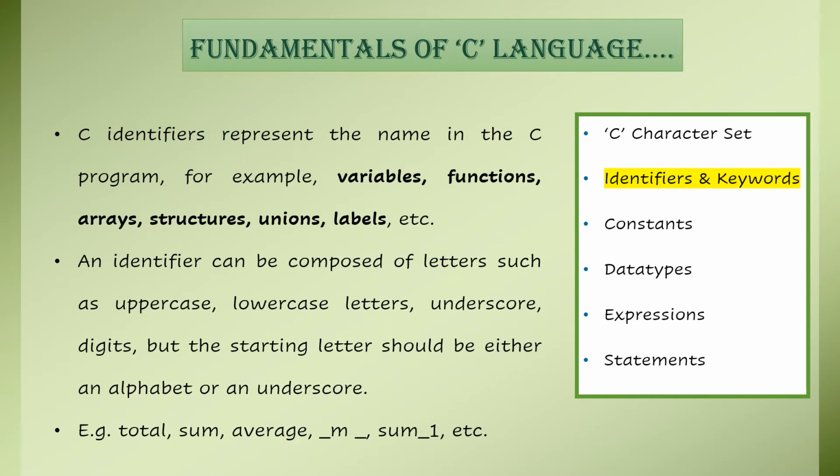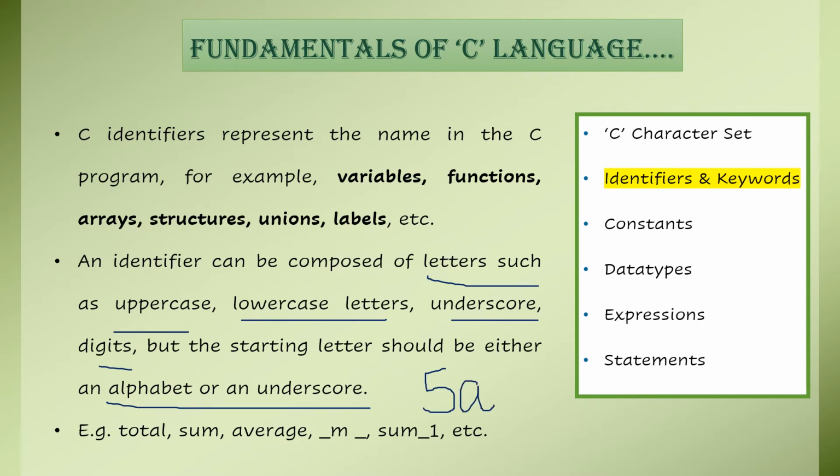An identifier can be composed of uppercase letters, lowercase letters, underscore, digits, but the starting letter should be either an alphabet or an underscore. We cannot start a variable name with a number like 5a, so we cannot use this as a variable name. Some examples are total, sum, average, _m_, sum_1, etc.